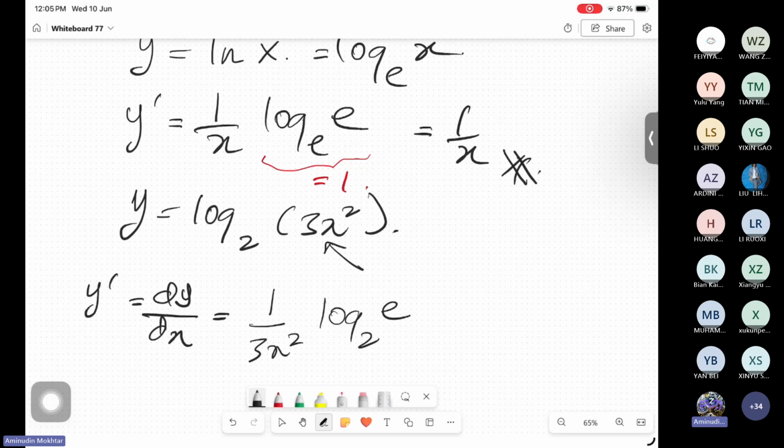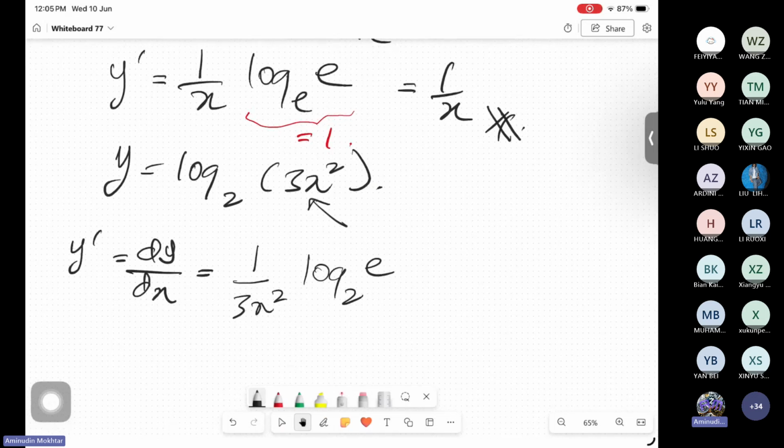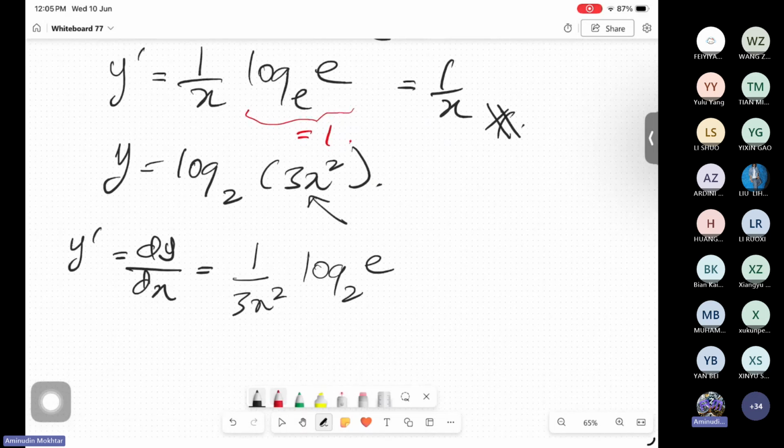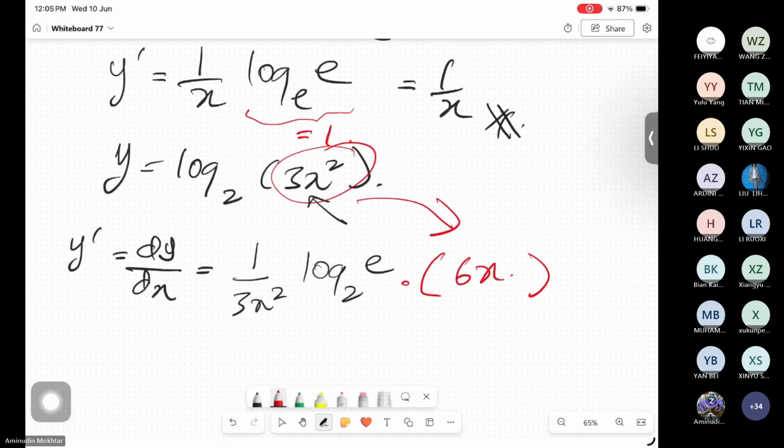But remember, we have another function here, 3x squared. So for this concept, we need to multiply by the first derivative of 3x squared. So the answer is 6x. So we can simplify this equation.